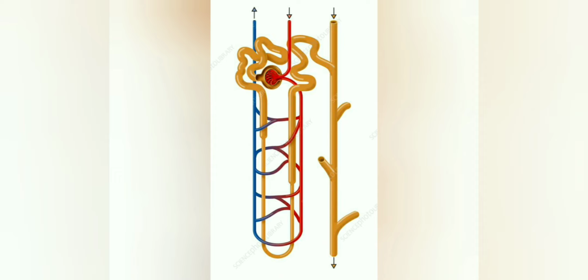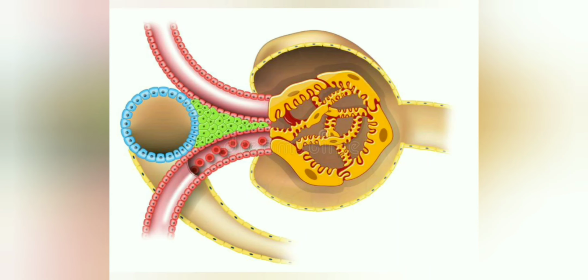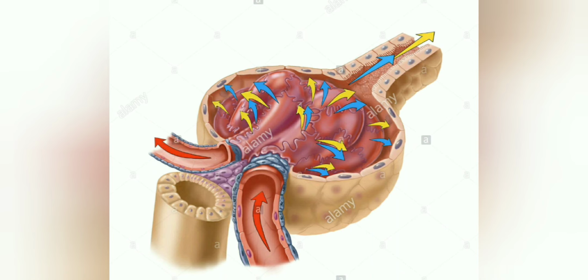In each nephron, the beginning part of the DCT makes contact with the afferent arteriole of the same nephron. Cells in the wall of the DCT in this region are packed more densely than those in other regions of the DCT. This is called macula densa. Macula densa and the JG cells together form the JG apparatus, that is, the juxtaglomerular apparatus.